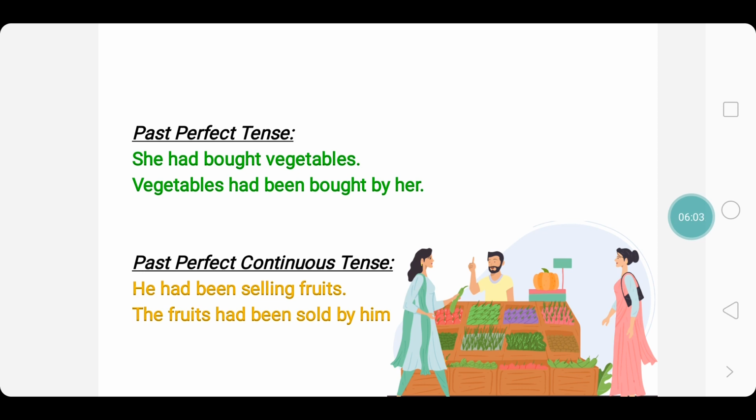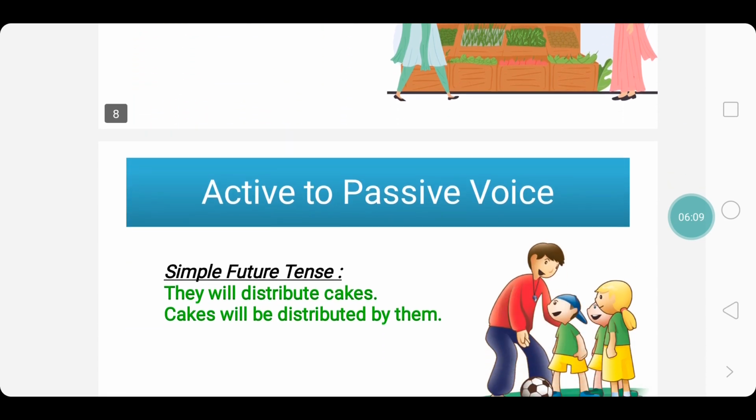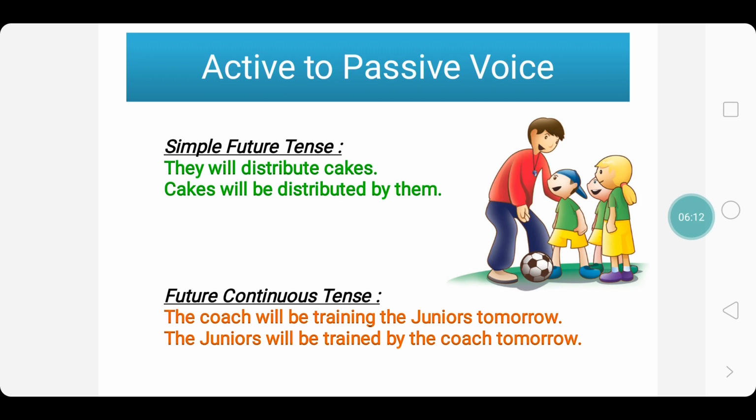Hence the sentence in passive voice is written in past perfect tense itself. Now on to the future tense. For the simple future tense, they will distribute cakes. Gets converted as cakes will be distributed by them.